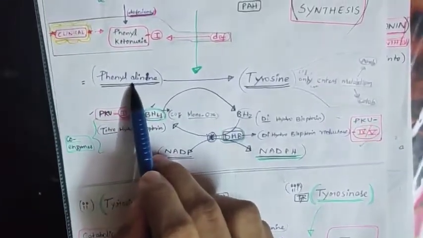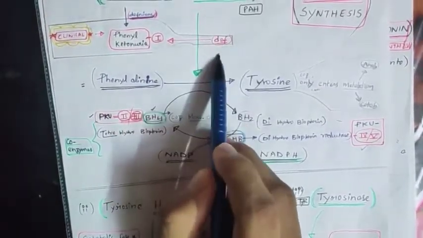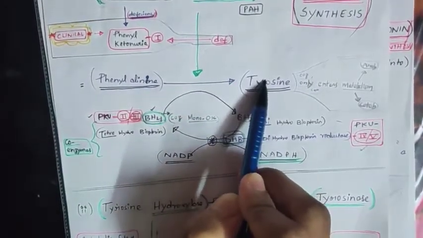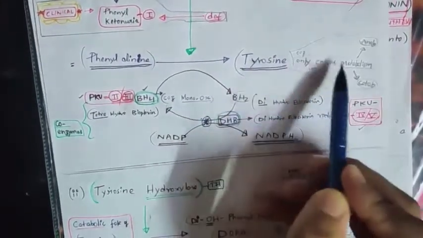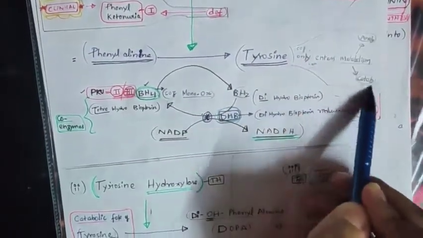Okay, clinical points. Coming to clinical points, we can see in PKU what will happen. In PKU, when phenylalanine hydroxylase is deficient, phenylalanine does not convert into tyrosine. When phenylalanine does not convert into tyrosine, tyrosine doesn't enter into metabolism, thereby it cannot enter into catabolism.